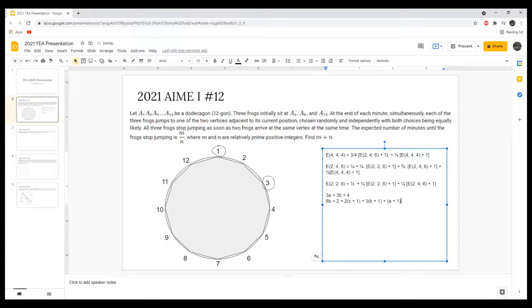That would equal A plus 3B plus 2C plus 8. I'll simplify that, and let's look at this one. Multiply each side by 4, we get 2C equal to 2 plus 1 plus.